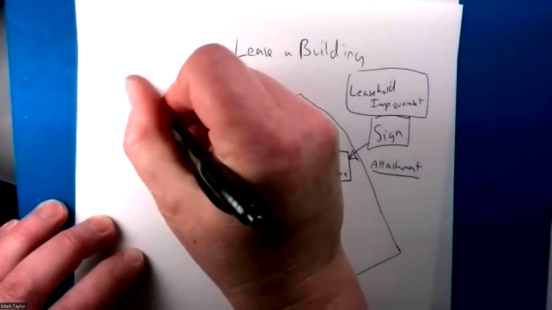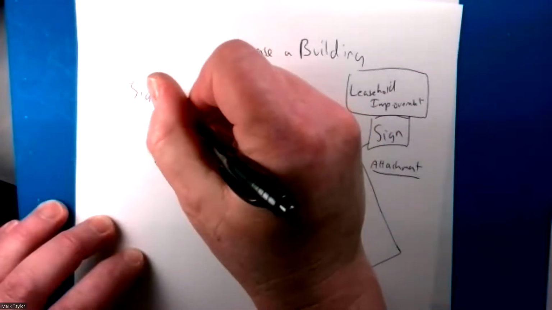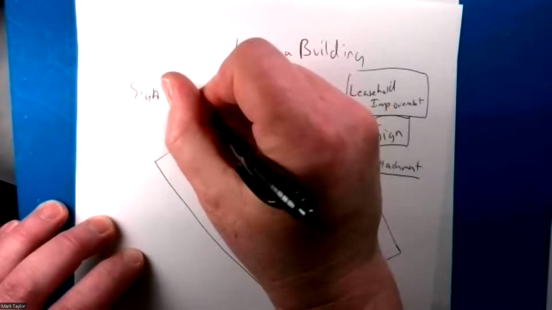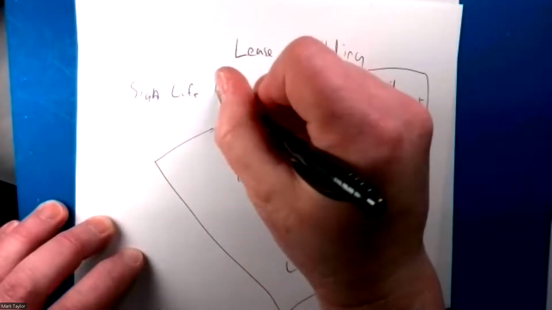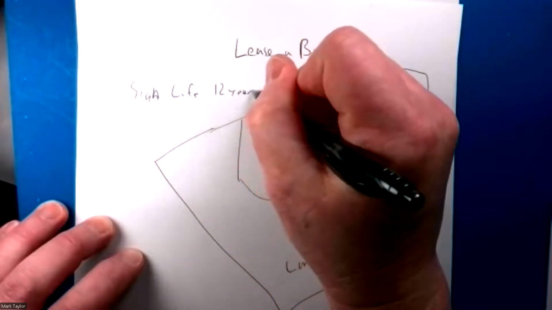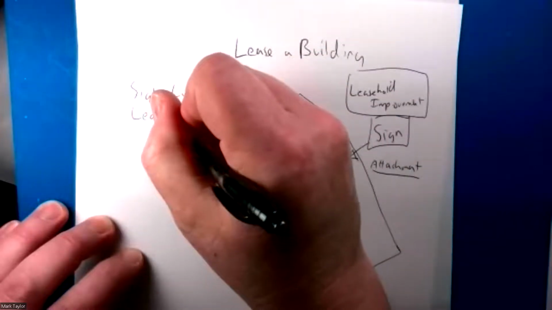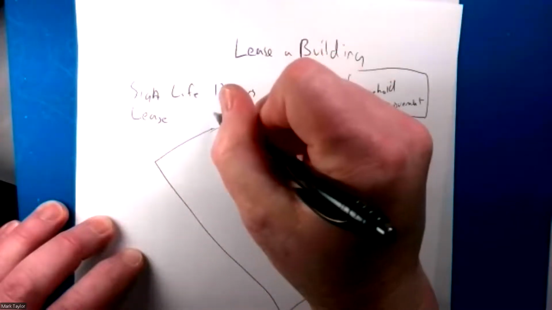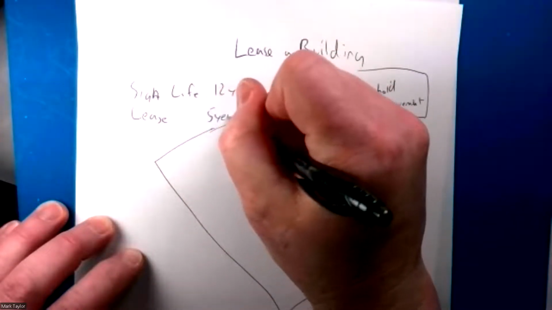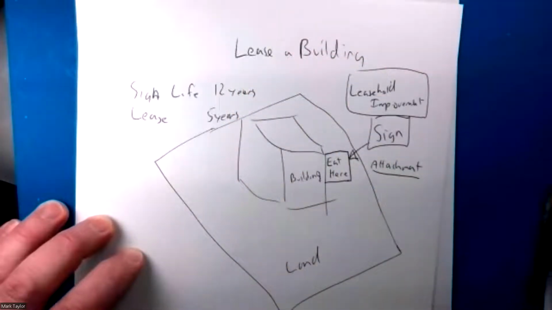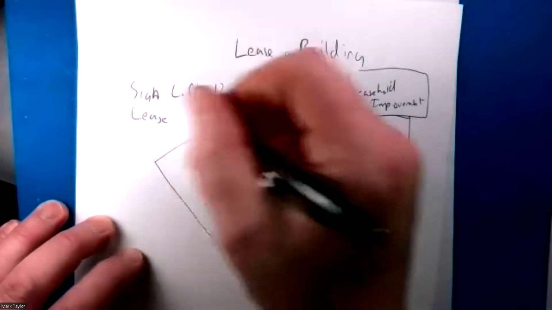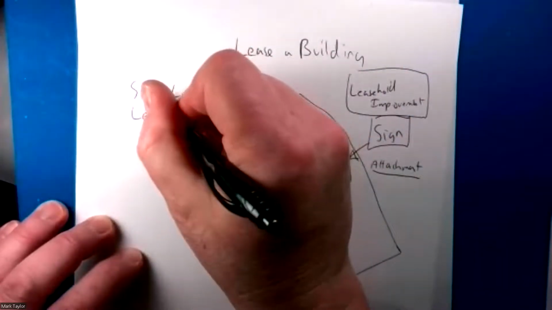Okay, let's say that the sign's life is 12 years, and the lease is for 5 years. What do we depreciate it over?